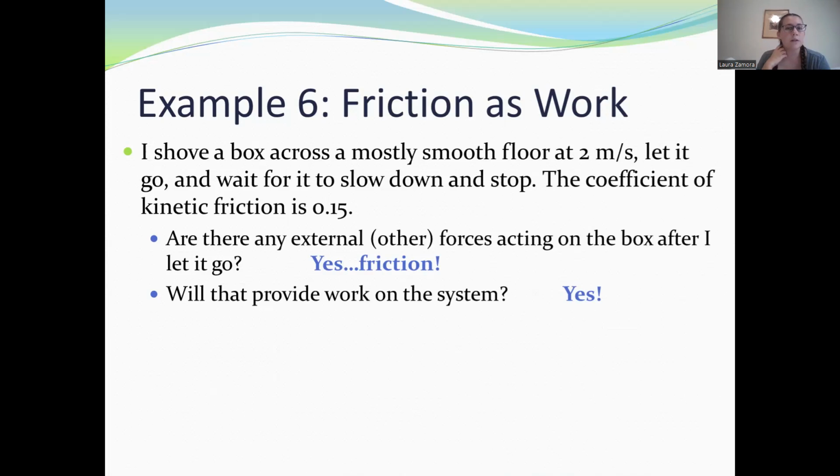Now the question, will that provide work on the system? Yes, that friction force is acting on the object as it's covering a displacement. So that means that it is doing work. If you remember from Monday when we had those examples with the sled and that sort of thing, when we were figuring out if friction does work?